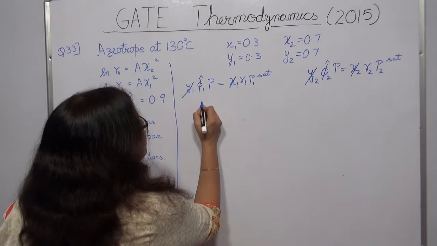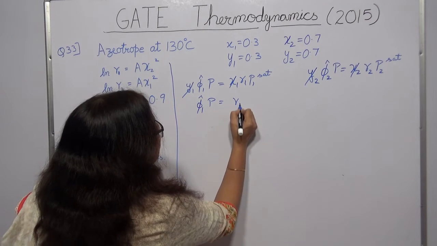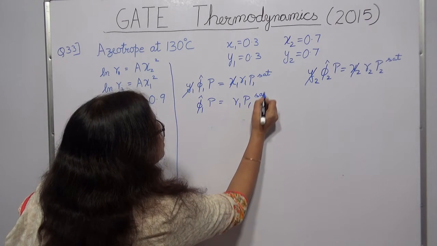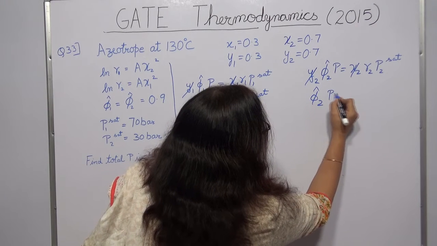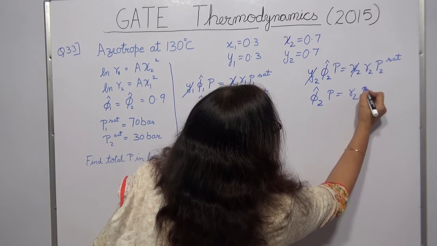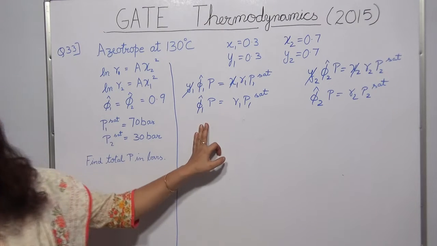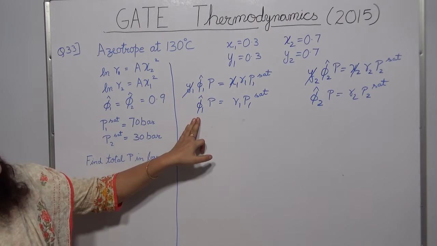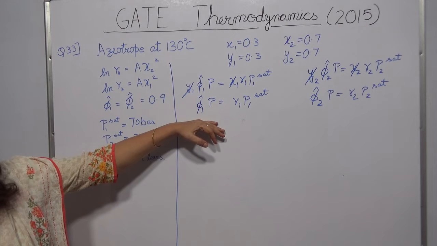So what I can write now is phi1 cap P, that is equal to gamma 1 P1 sat. Similarly, phi2 cap P, that is equal to gamma 2 P2 sat. Okay, so I have these two equations now. Let's look at these two equations carefully and see the left hand side.